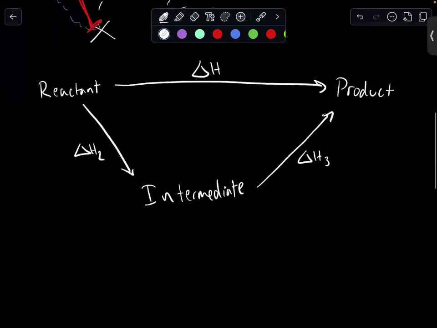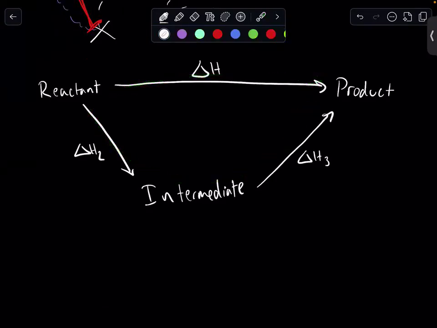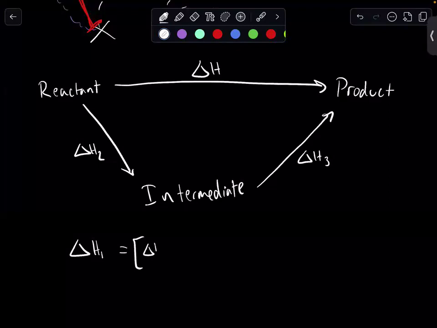The overall enthalpy change, regardless of if you take route 1 versus route 2, is the same, meaning that delta H1 is exactly the same as the sum of delta H2 plus delta H3.